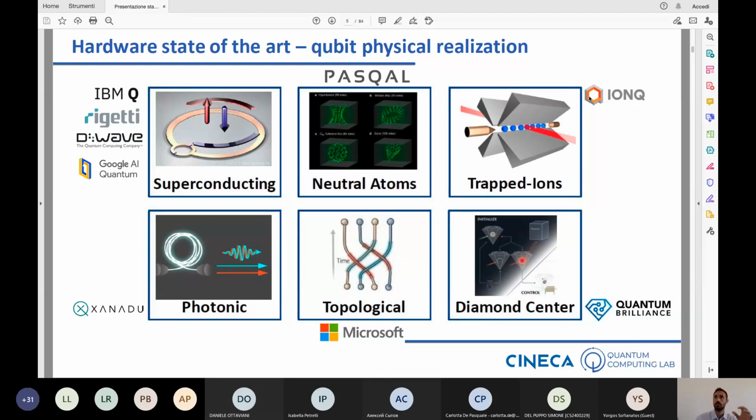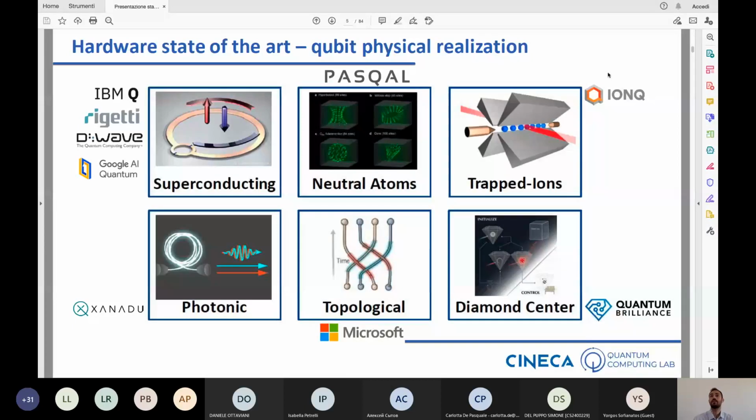Qubits are microscopic objects in this case, and you trap them using electromagnetic fields, and you can work with them. You can make them interact and create gates using laser pulses.